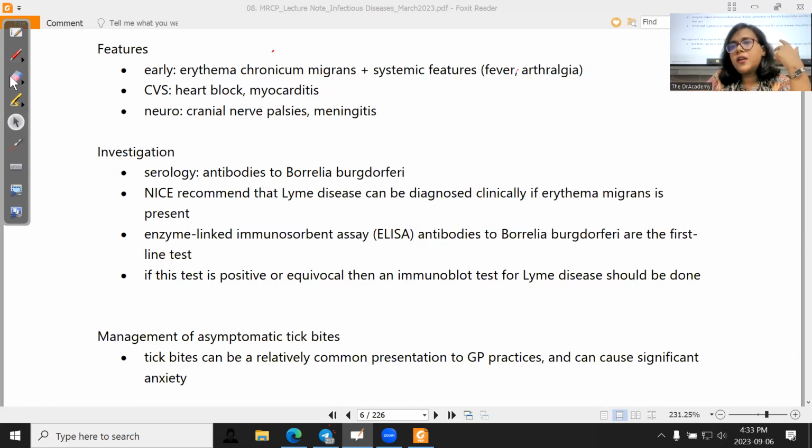For leptospirosis or Weil's disease, the serological antibody could be ELISA, could be ICT test. And for Lyme's disease, ELISA antibody. There are other serological tests as well, like immunoblot assay for Lyme's disease, and sometimes PCR can also be done, but this is like a last resort.